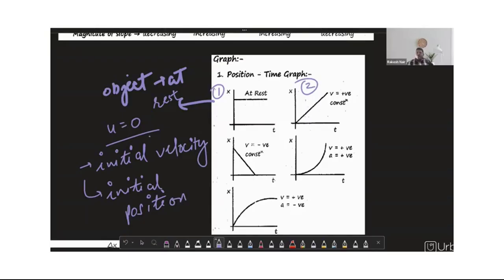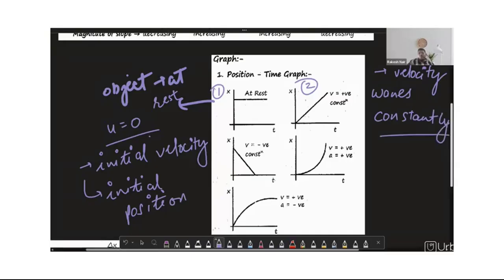When the rise of velocity is constant, we can see in the xt graph a straight line condition, which could be y is equal to mx plus c.